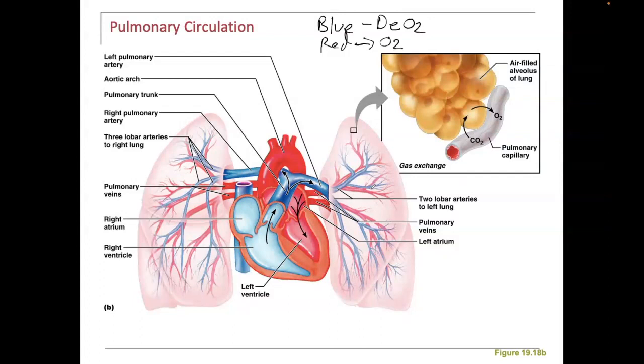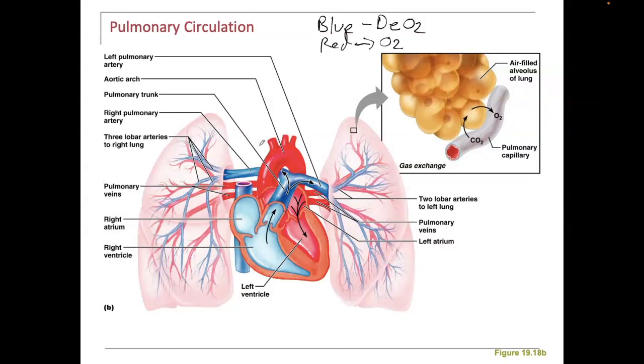We inhaled, we breathe in air, we breathe in oxygen. The oxygen finds its way through these blood vessels into the left side of the heart. Now we have oxygenated blood that can pump to all parts of the body, the head, the arms, the abdominal organs, and the legs. That's the general idea.